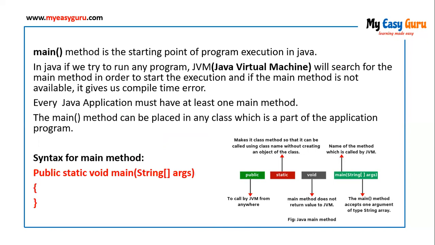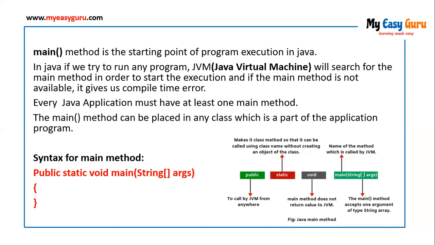If the main method is not available, it will give us an error. Every Java application must have at least one main method. The main method can be placed in any class which is a part of the application program.